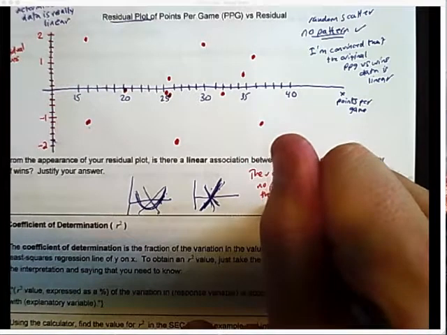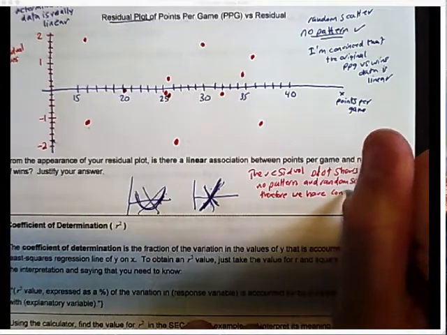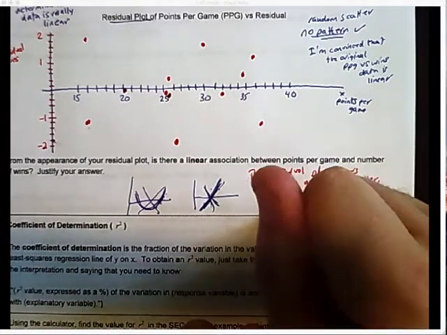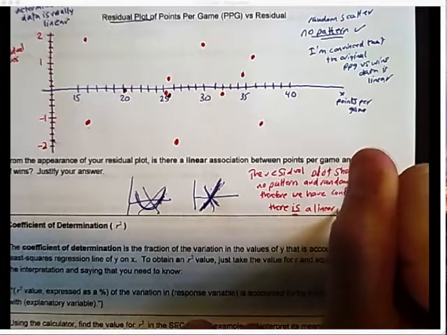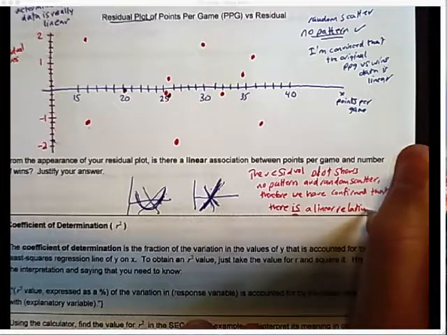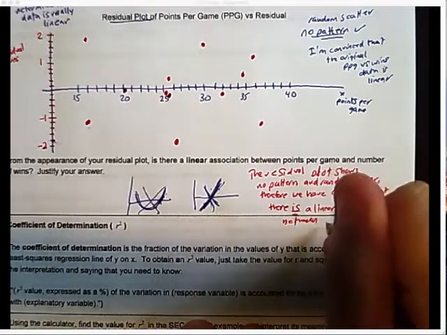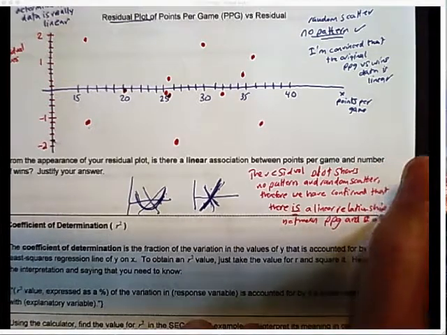Therefore, we have confirmed that there is a linear relationship between points per game and number of wins.